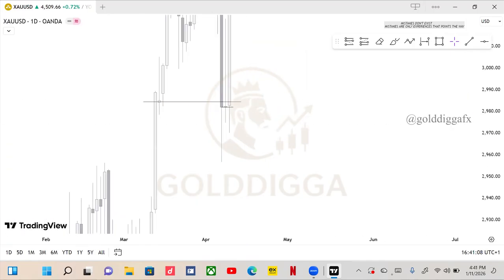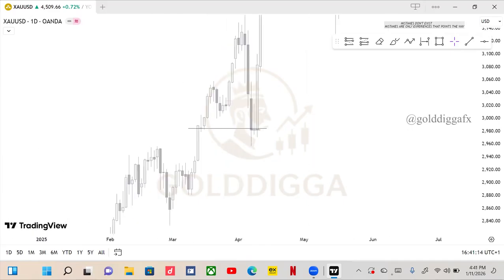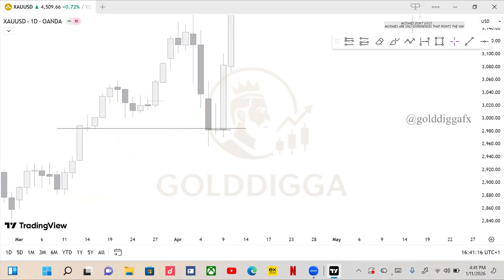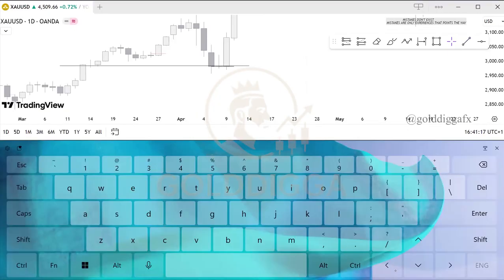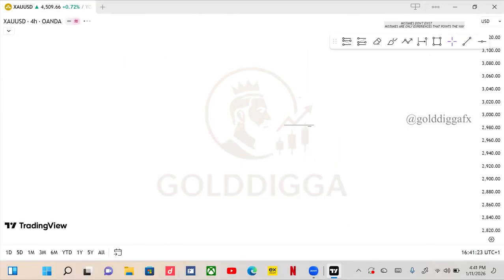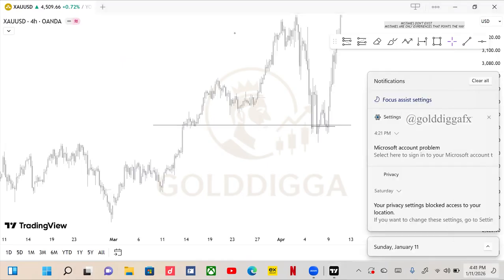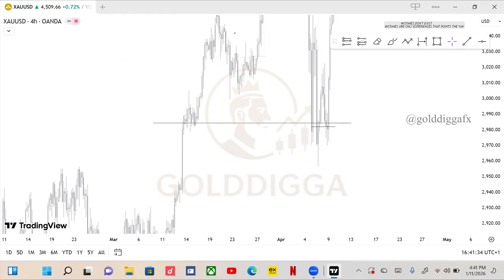Now, how about if you want to just take a straight up entry from here without a storyline? How could you do it? You could go down to the 4 hour time frame. You want to take a straight entry, go down to the 4 hour time frame. And on the 4 hour time frame, you could mark your structure and whatever.